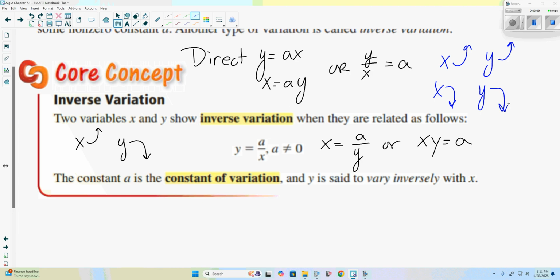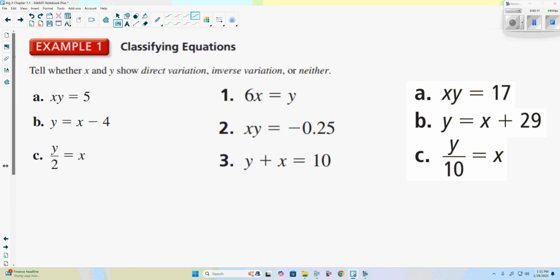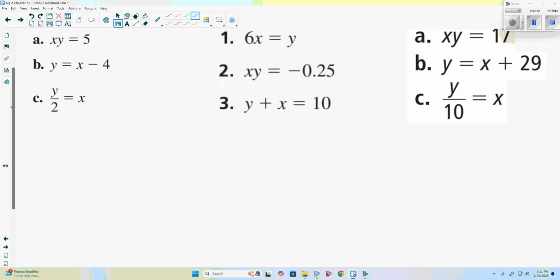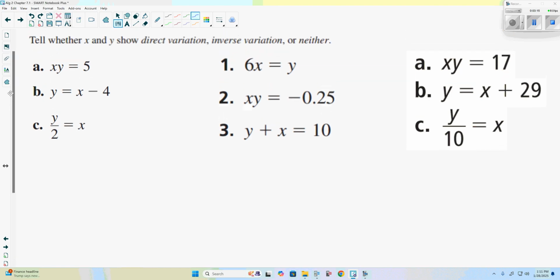All right. First thing we're going to do, tell whether x and y show a direct variation, inverse variation, or neither. So we look at A, x times y equals 5. What do y'all think? Direct or inverse, or neither? It'd be inverse.